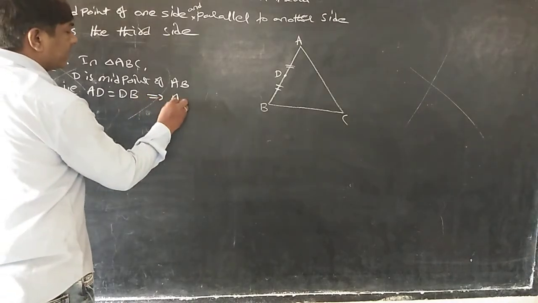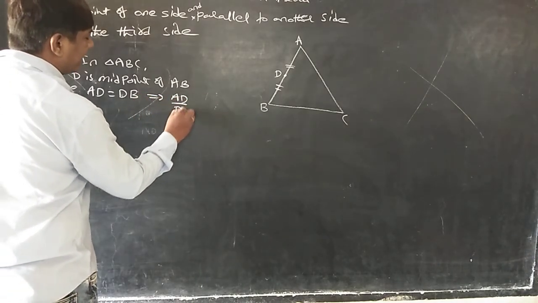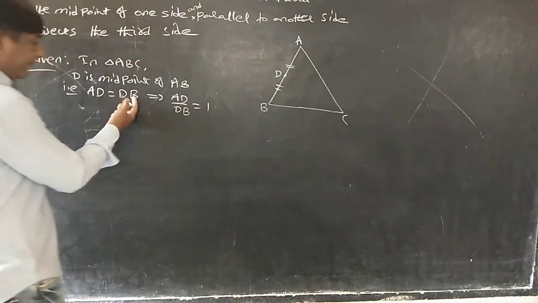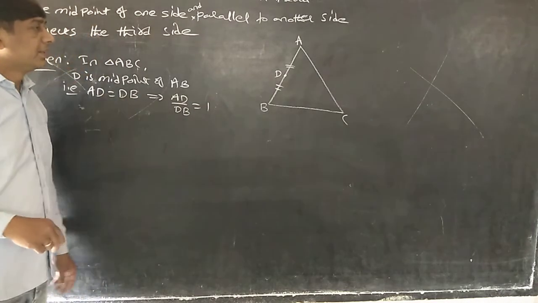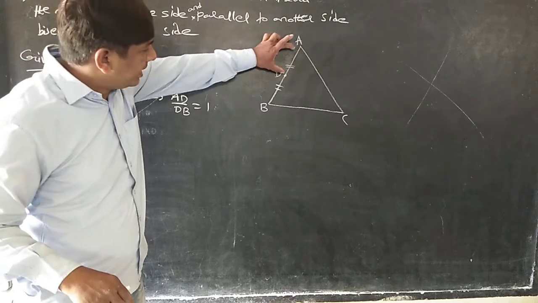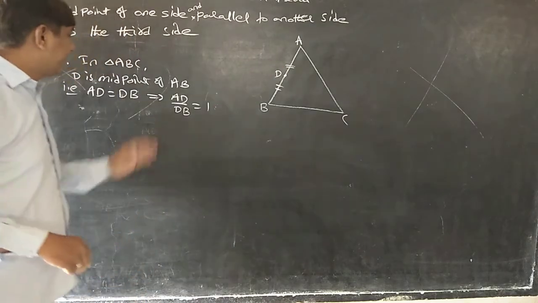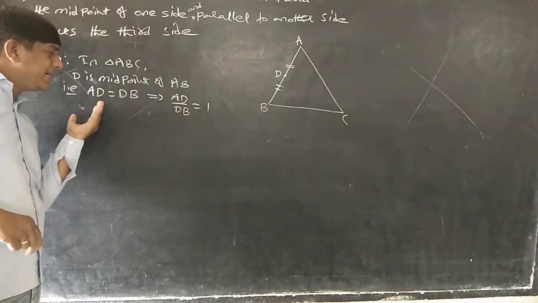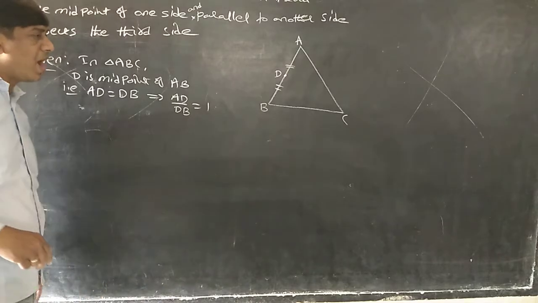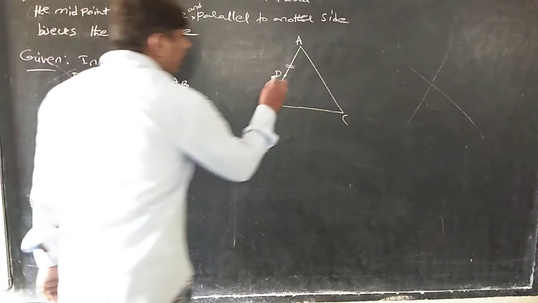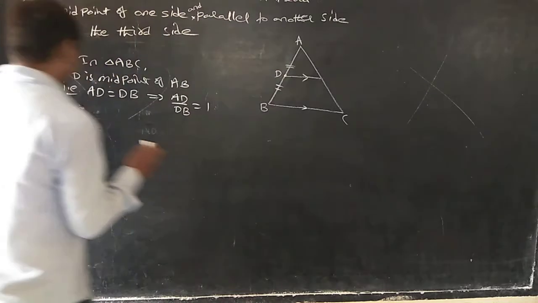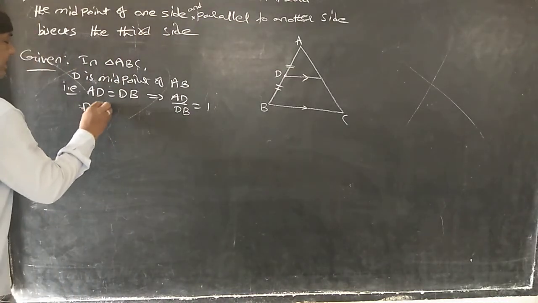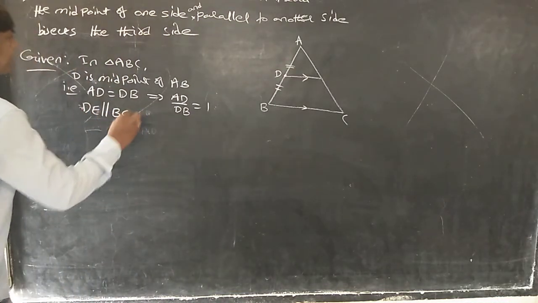That implies if I transpose DB to this side, AD by DB is equal to 1. And DE is also parallel to BC.